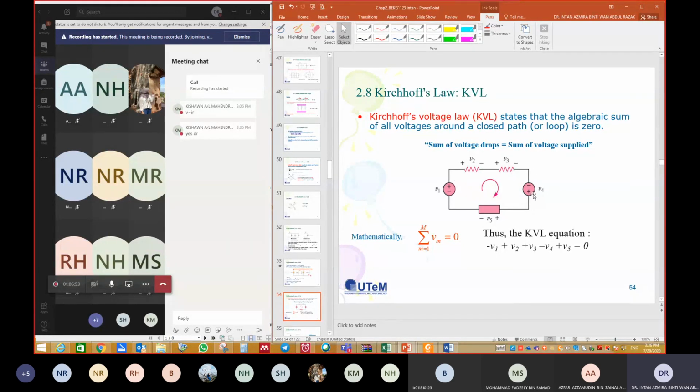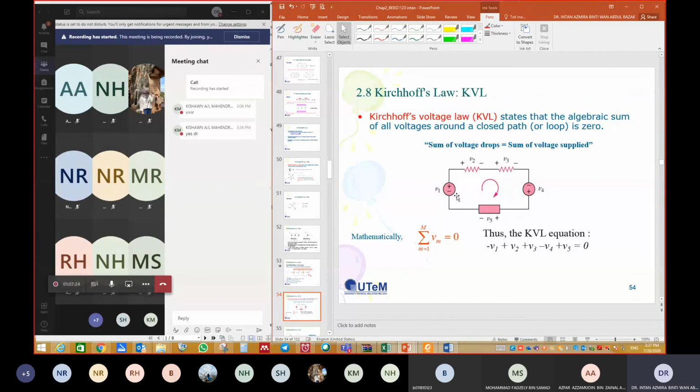In this example, the voltage supply is V1 and V4, and the other voltages are the voltage drops on the elements. So V2, V3 and V5 are the voltage drops.